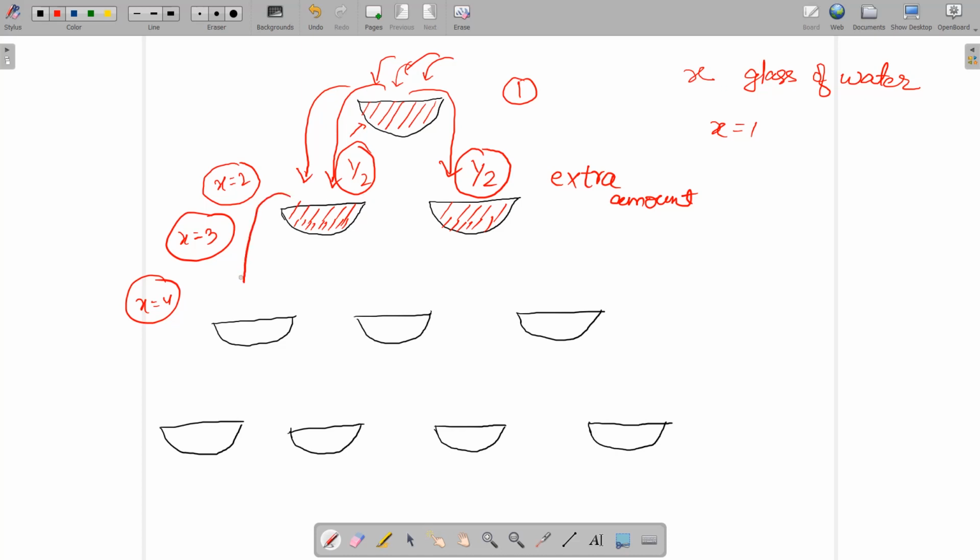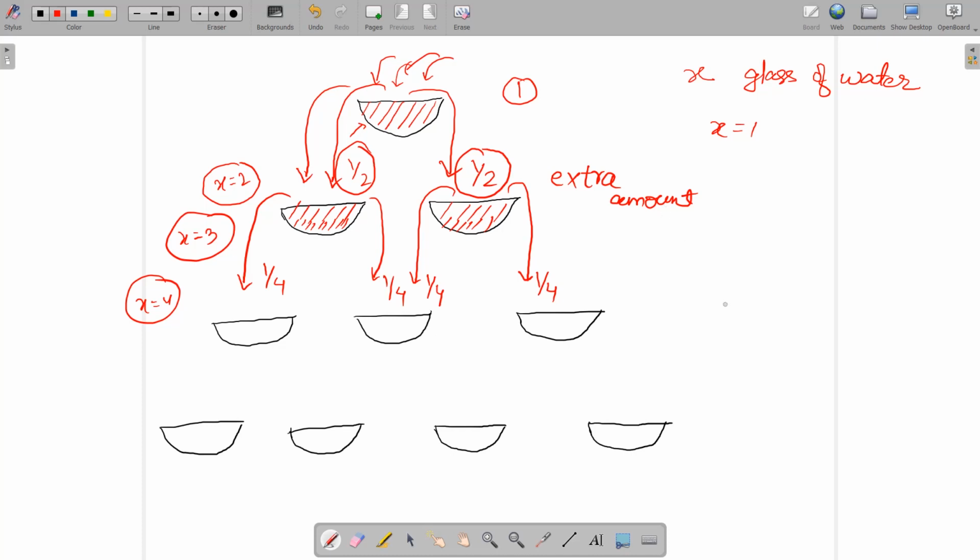So 1 by 4 amount of water will go over this position, 1 by 4 over this position, again 1 by 4 over this position, and 1 by 4 over this position. This is the exact trick to understand how much water will flow to the adjacent glasses in the layer below the current layer.